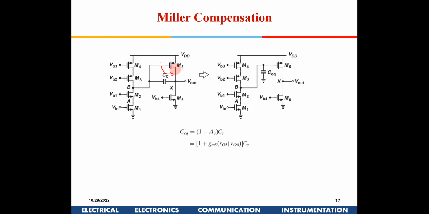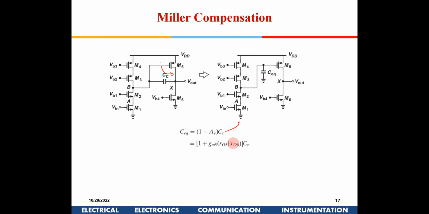This is PMOS, a current load, the load for the PMOS. So, from here to here there is a signal gain. So, you can write it as C equivalent, and this is a Miller capacitance actually, right? So, you can multiply this with the gain of this stage.